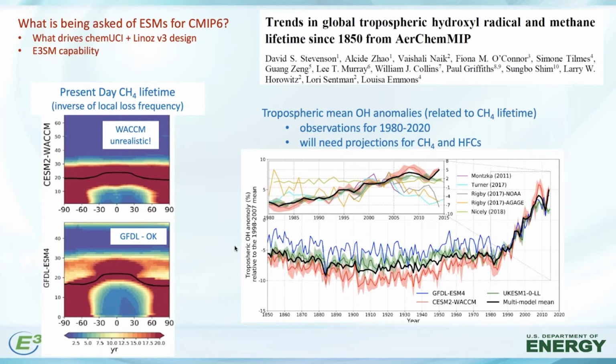We can also look at the methane lifetime, which some of the models show very unrealistic patterns for. And we have some observational evidence of the tropospheric hydroxyl radicals, OH. So we can use that to evaluate the methane simulations. That's important for the radiative effects of the simulated climate in the history and also into the future.